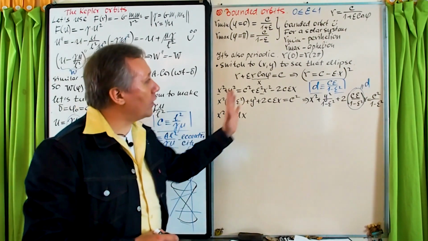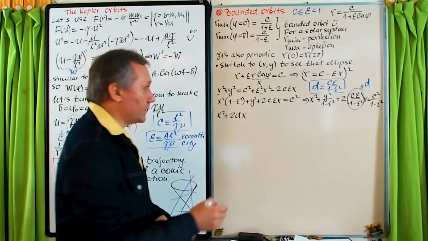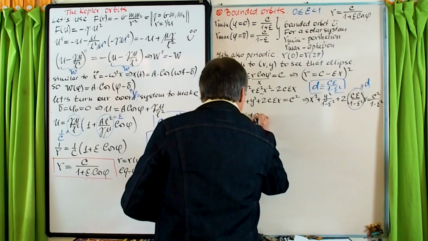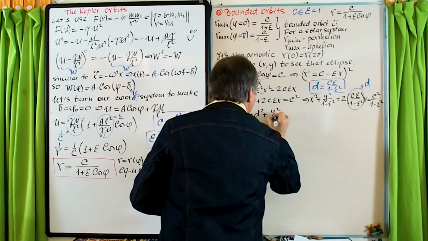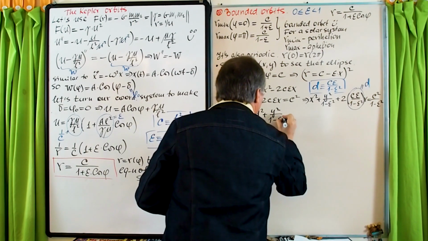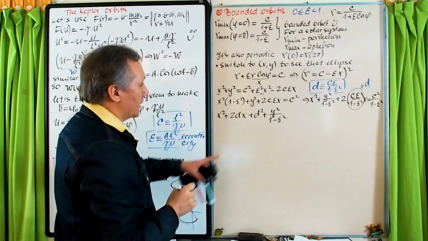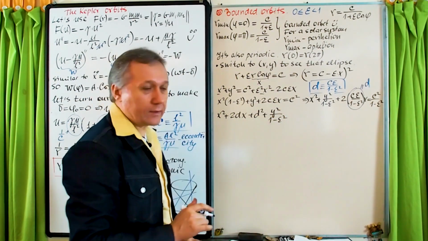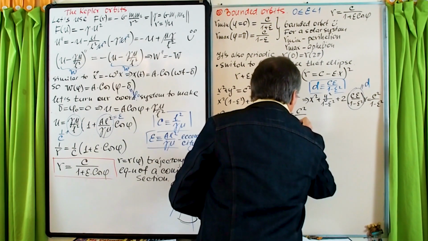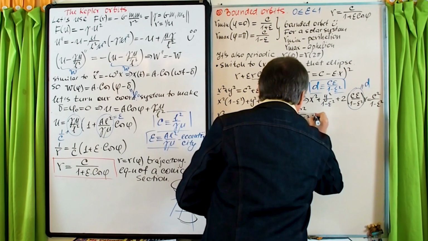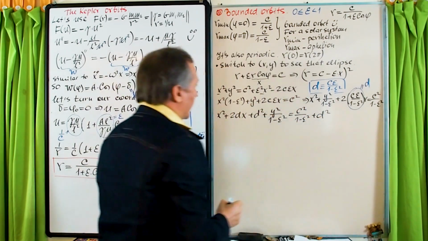And of course, on the right-hand side, I will also add d squared. So plus d squared, and then this y squared over 1 minus epsilon squared. And again, in order to make it correct, I will also add d squared to the right-hand side. So it will be c squared over 1 minus epsilon squared plus d squared.